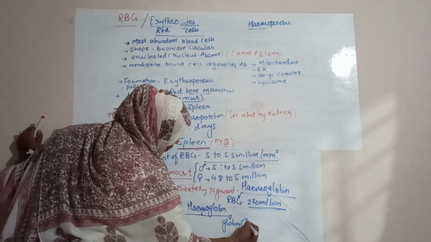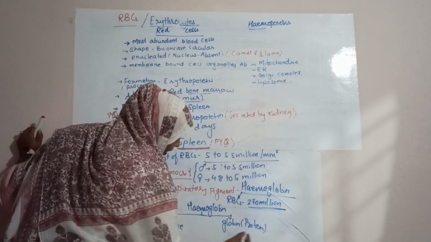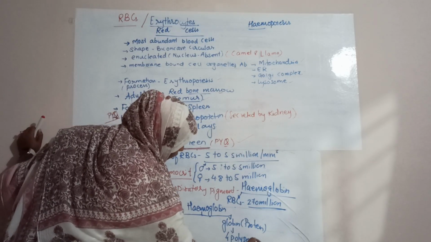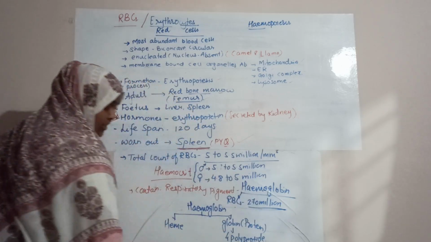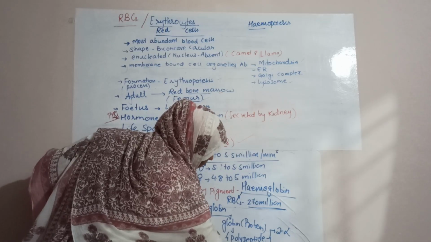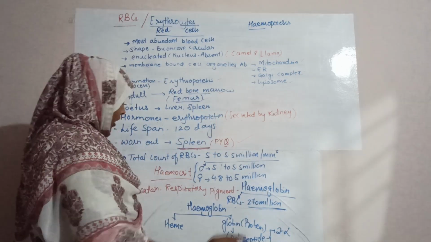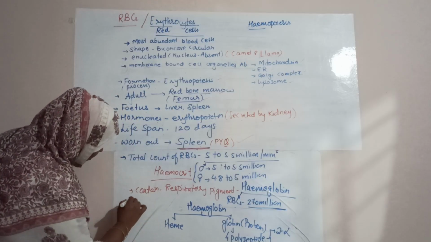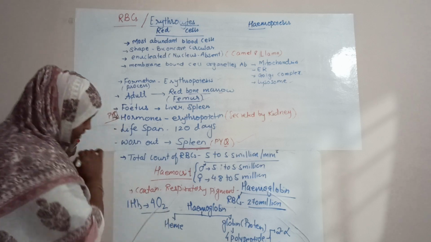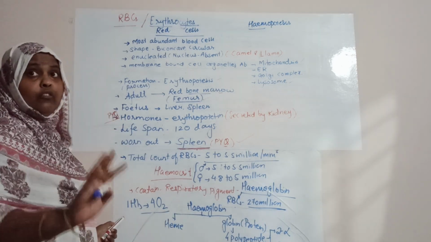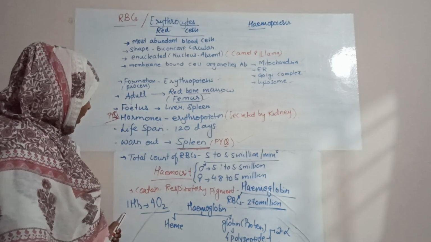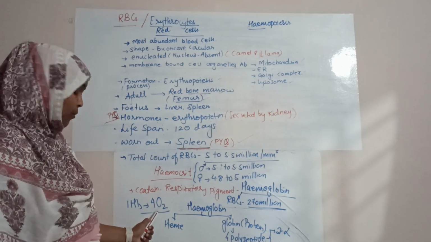Globin is the protein, and this globin is made up of 4 polypeptide chains: 2 alpha chains and 2 beta chains. One hemoglobin carries 4 oxygen molecules. This concept we also study in breathing.